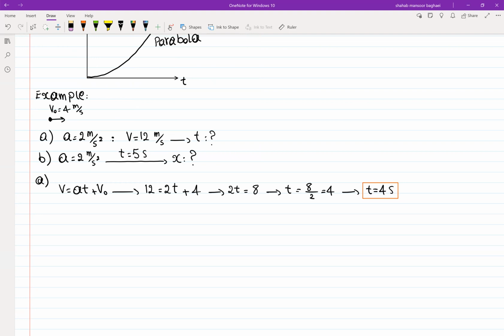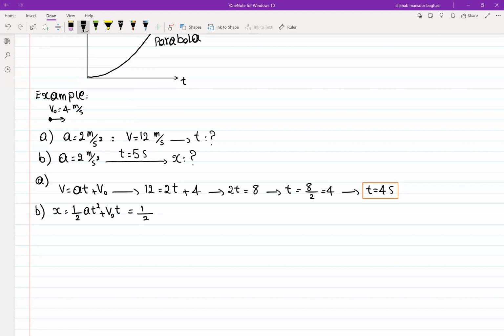Let's switch to part B. So acceleration is 2. What is the displacement traveled by this particle after 5 seconds? Of course, you need the x or displacement equation. X equal to half AT square plus V0t.